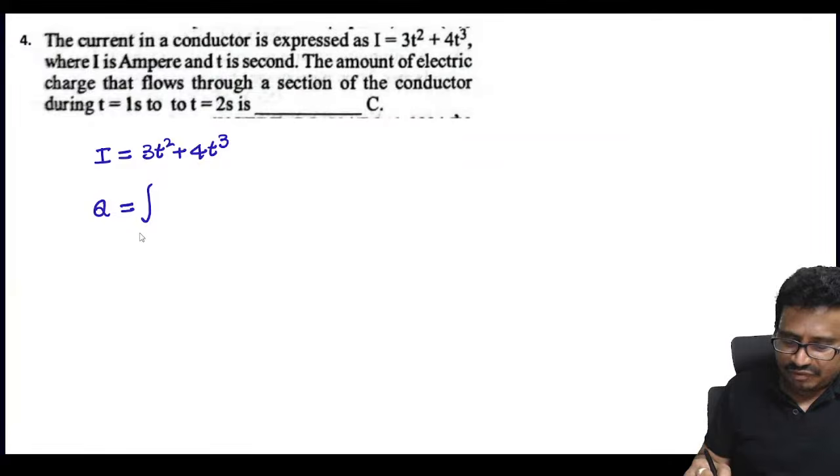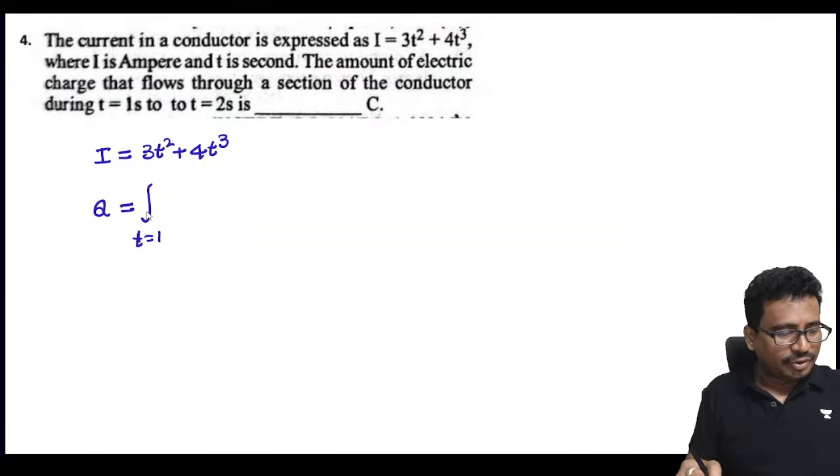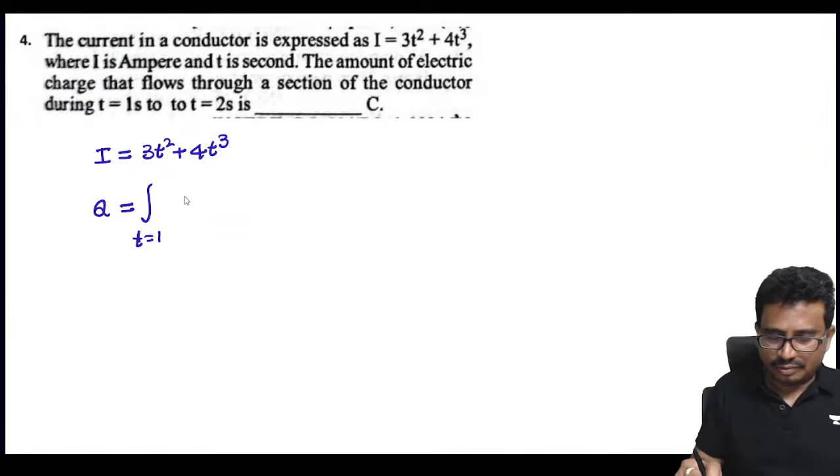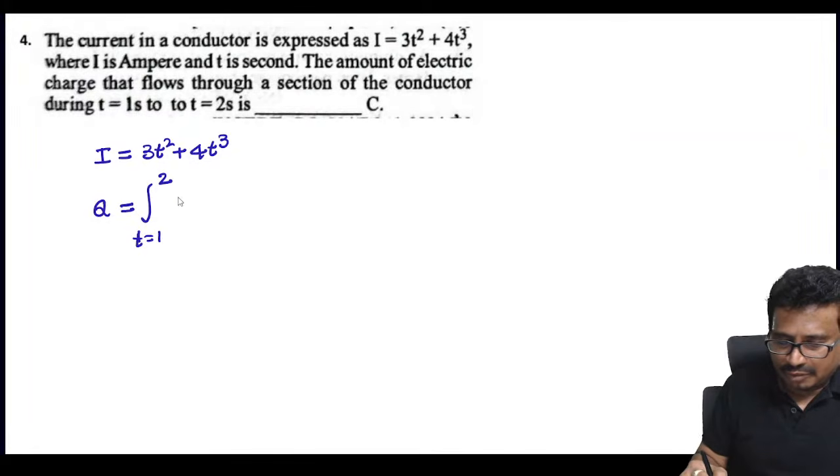Integral, from t is equal to 1 to t is equal to 2 seconds, of 3t square plus 4t cube into dt.